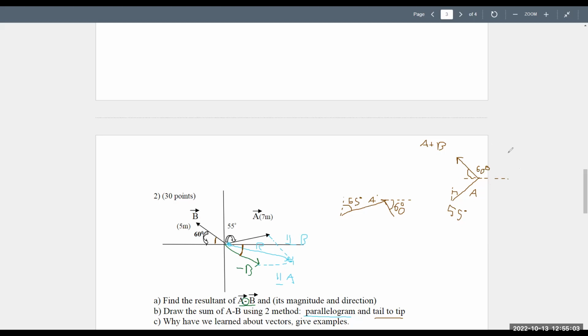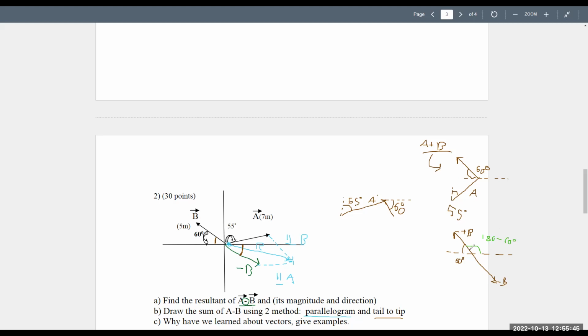It's always hard to explain the angles, but if you have a line coming this way, this is your plus B and this is your minus B. You have 60 degrees here. Then it's like 60 plus 80 to get this whole part. So then this is going to be 180 minus 60 degrees, right?